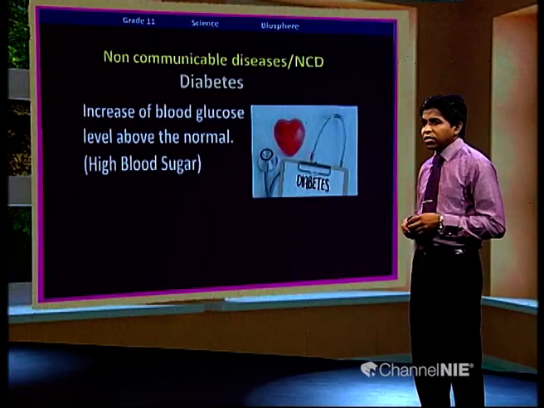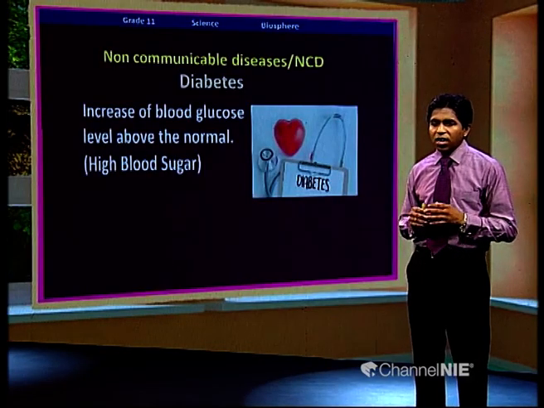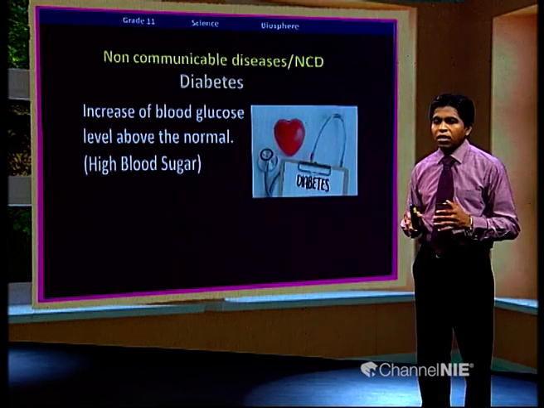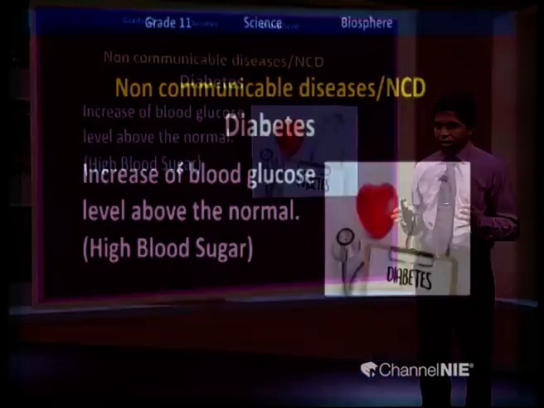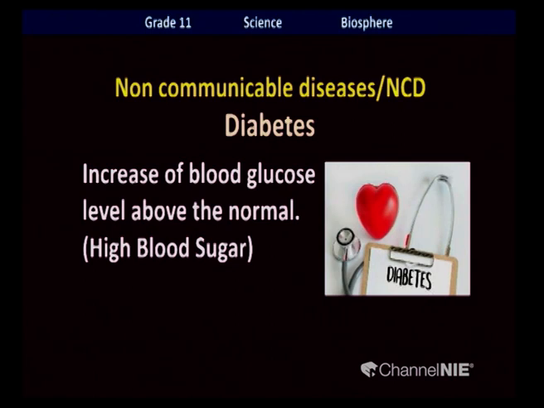Next, a non-communicable or non-infectious disease: diabetes. This is one of the most common diseases in the world now, and large amounts of diabetic pills are taken by these patients. What is diabetes? An increase of the blood glucose level above the normal value.